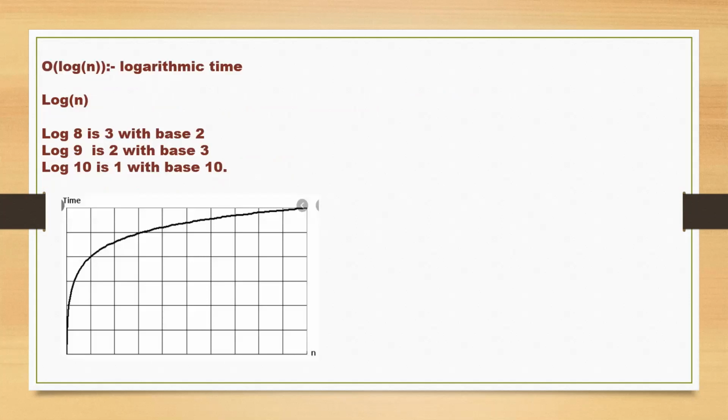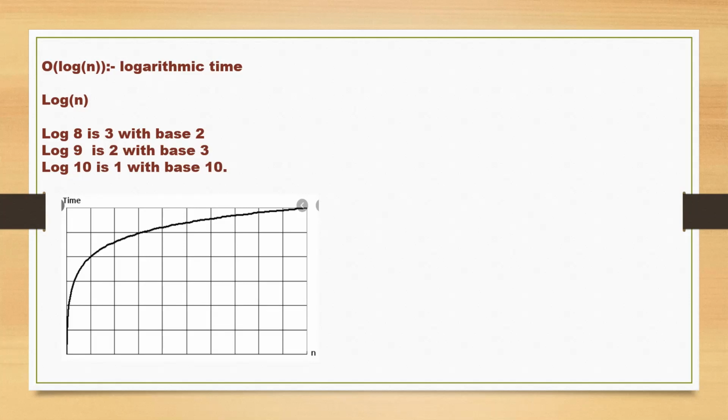Going to the next equation, that is order of log n, O of log n. You would have learned about logarithms in your college days. Let me just remind what is log n. Log n is normally base 10, but as far as I know, it is taken as base 2 for time complexity.